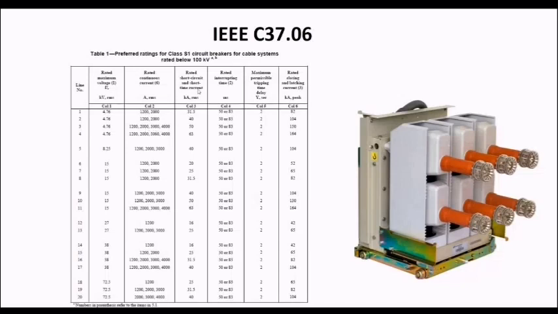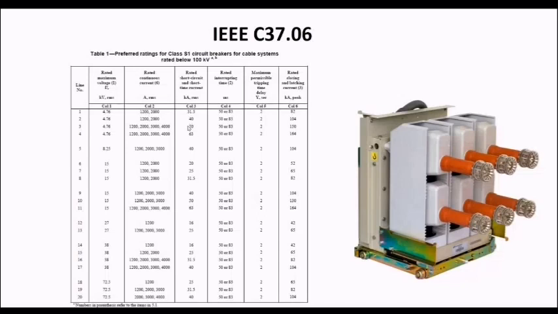So, for example, if you select 1200 amp, you will find the short circuit range 31.5, 40, 50, 63. But if you select 4000 amp, you will only find 50 and 63. You cannot find 40 or 31.5.